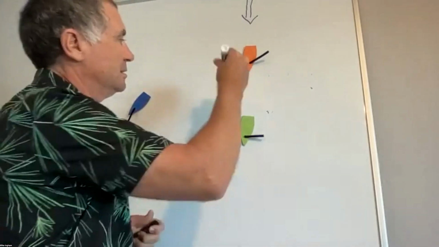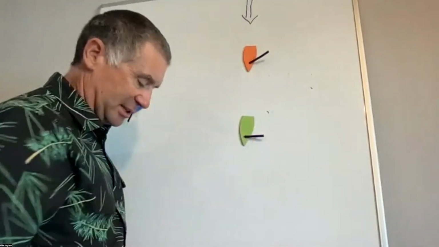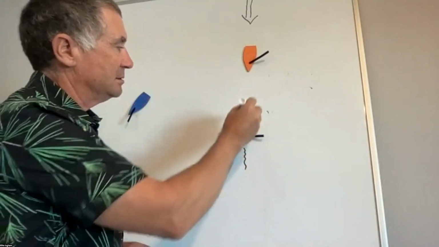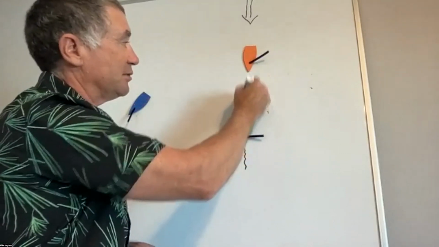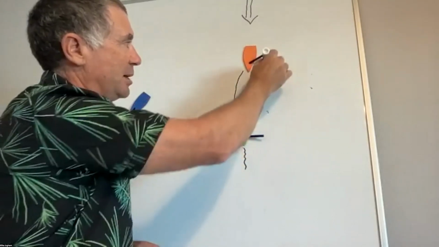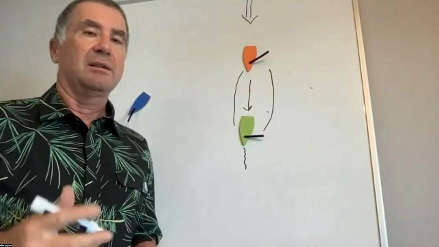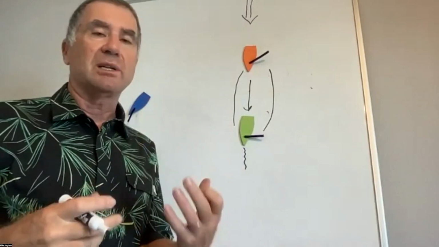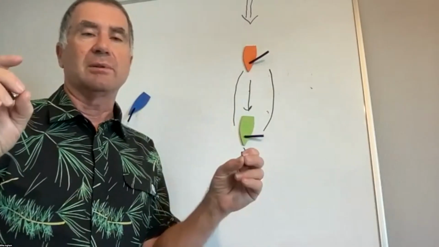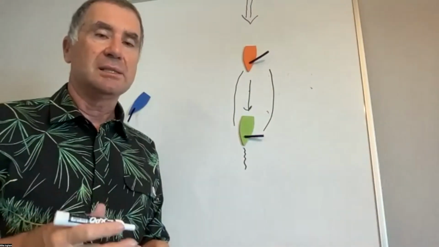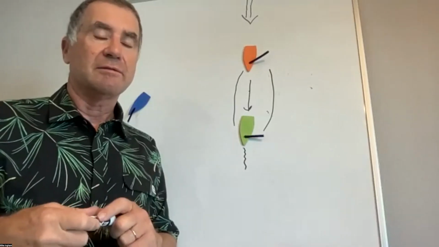If your masthead fly is going straight down, your apparent wind's here, and you're in this vacuum, it's pretty bad. You'll feel it on your neck, the apparent wind on your face, the less breeze on the sheets. The trimmer will say, oh, my sheet's super light.